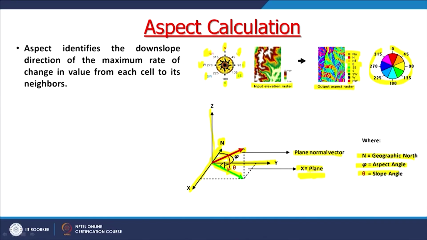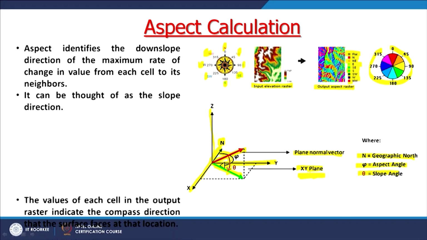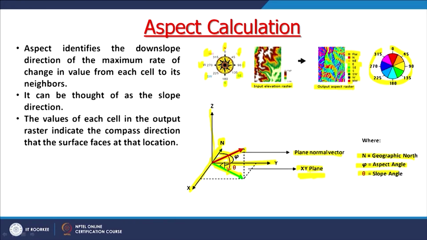So, with reference to north, whatever the direction, that is projected on the flat plane, and then value is decided, whichever the direction out of 8 direction or maybe flat also. So, it can be thought as a direction of slope. Slope you get in the degrees or in percentage, that is the value, but here the direction for the aspect.